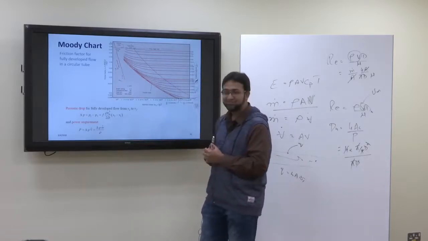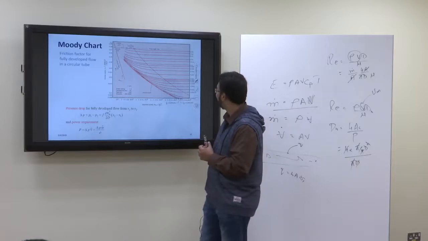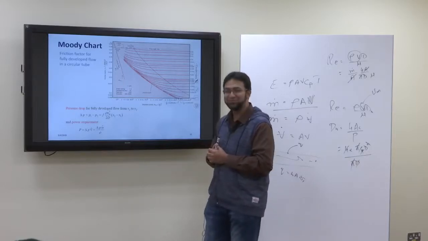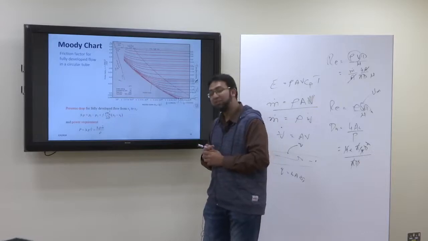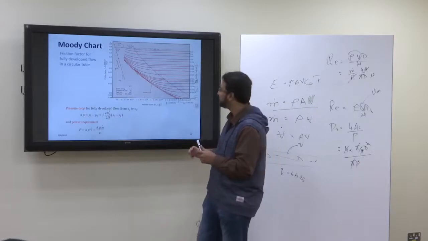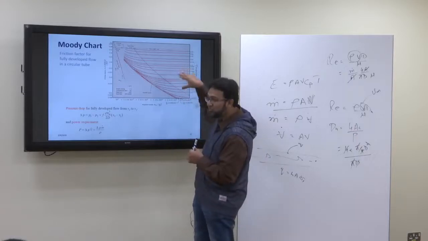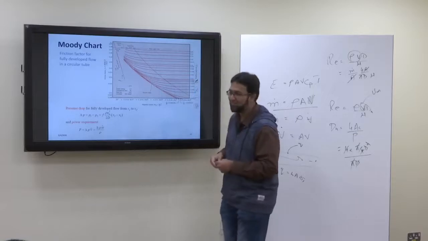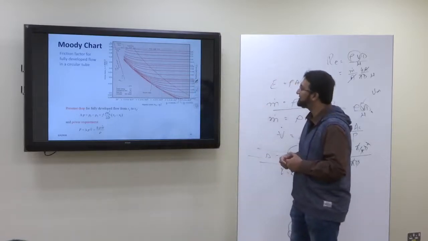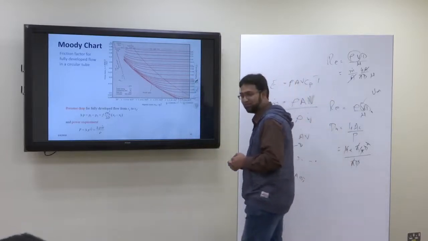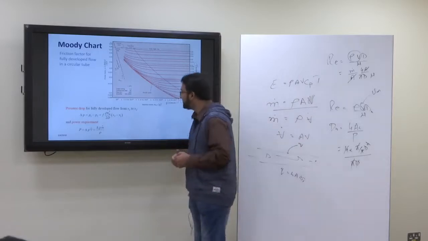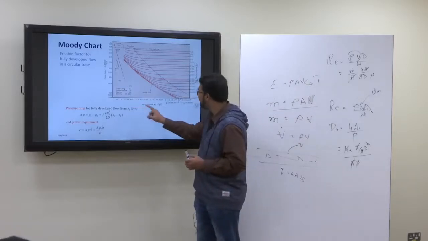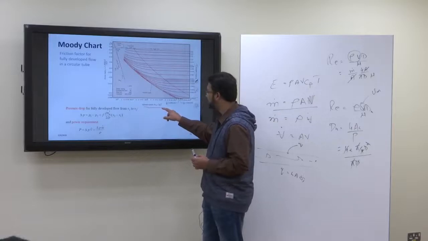These are the number of the lines, not the third axis. If there was a third axis, it would be in the 3D dimension. It cannot be on this side. So let's discuss this Moody chart. On the x-axis we have the Reynolds number.